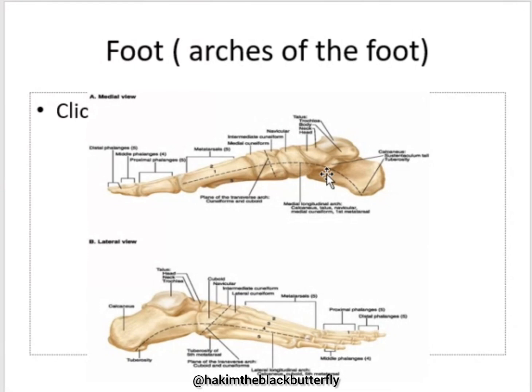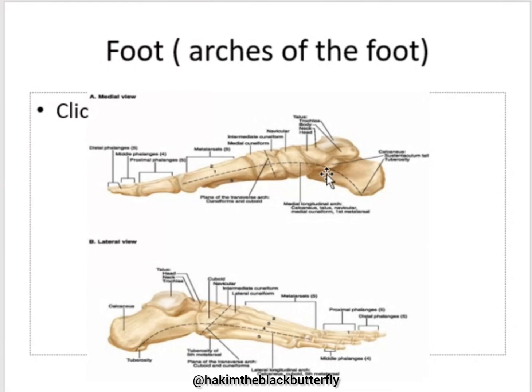Then you have the talo-navicular joint between the talus and the navicular. Then you have the navicular cuneiform joint between the navicular bone and the cuneiform bones. Then you have the metatarsal cuneiform joints between the metatarsals and the cuneiform bones.